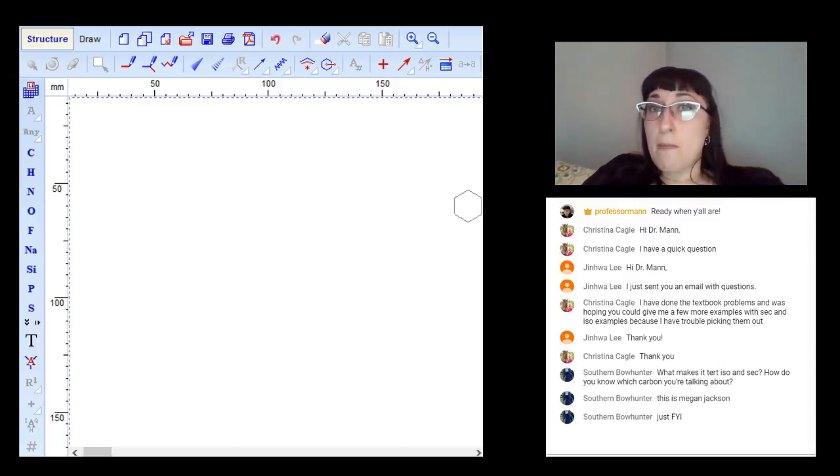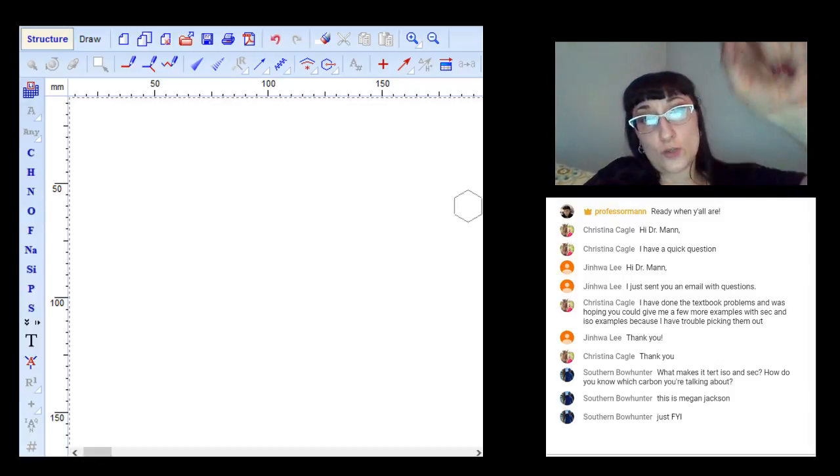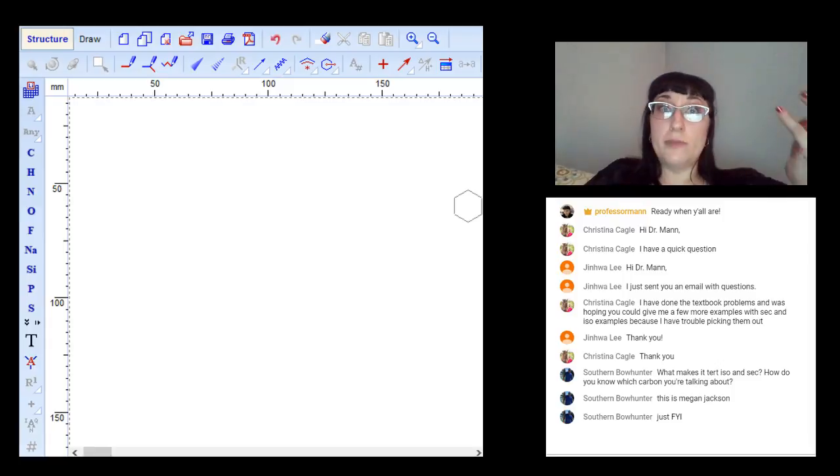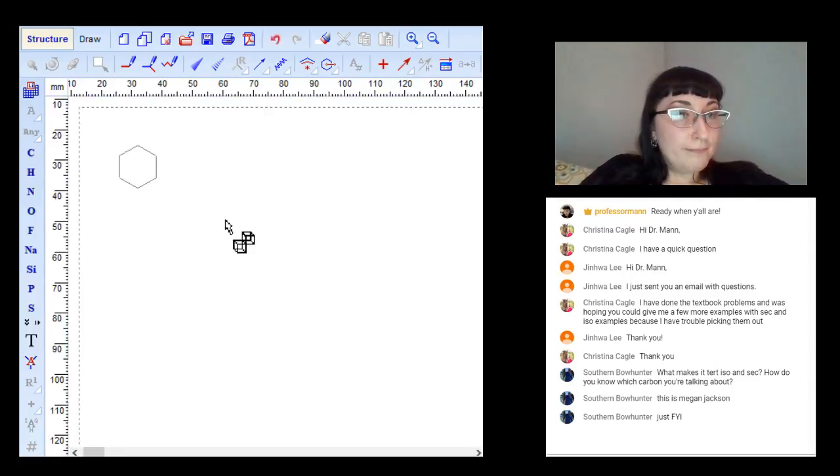So we know that a methyl group is a CH3. Isopropyl is a CH3, where something's connected to the middle carbon. And you just kind of have to memorize them. There's not an easy way around it, unfortunately.